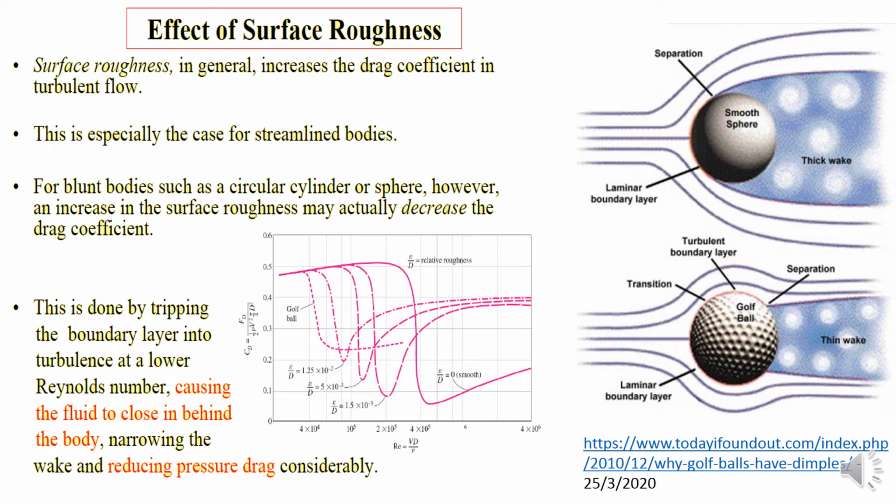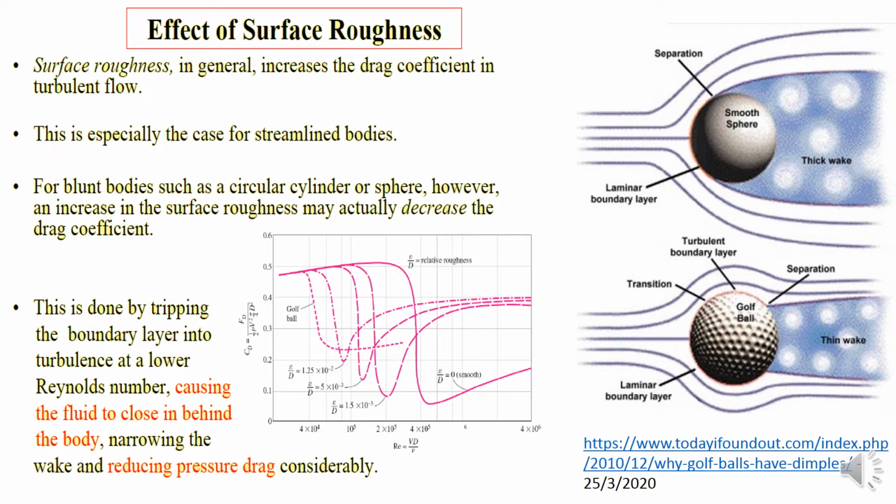As you can see in the figure of CD versus Reynolds number, we have a solid line of epsilon divided by D, which is the relative roughness, equal to 0 for a smooth surface, and then another one is the golf ball, as labeled in the figure.